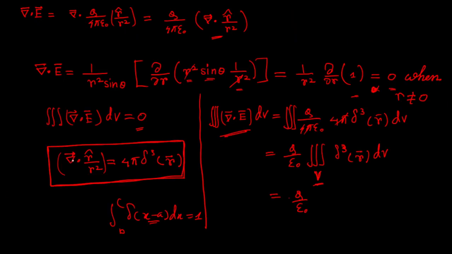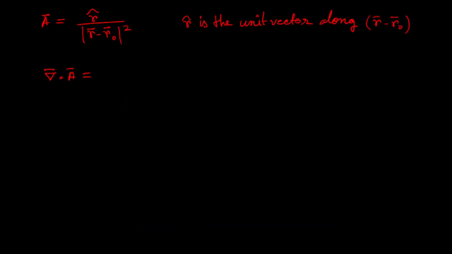Here we had the divergence of r cap divided by r square, and this r cap was the unit vector along r. So from the same result, what will be the divergence of this vector, where this r cap is the unit vector along the r minus r naught vector?